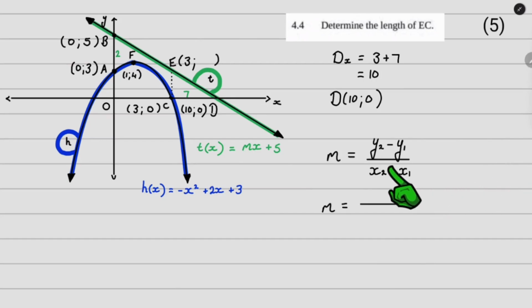Okay, so our gradient formula, y2 minus y1 over x2 minus x1, that is on your formula sheet. So I'm going to choose perhaps B to go in place of y2 and x1. So let's chuck him in, and then I'll put D's coordinate in y1 and x1's place.